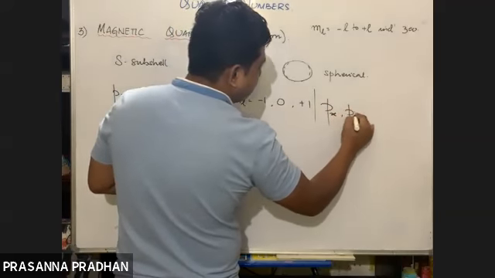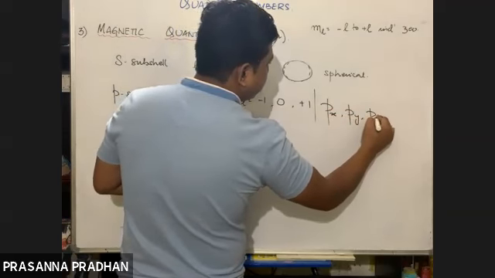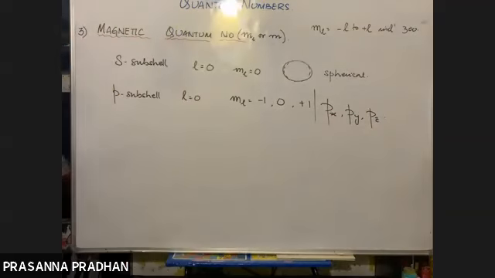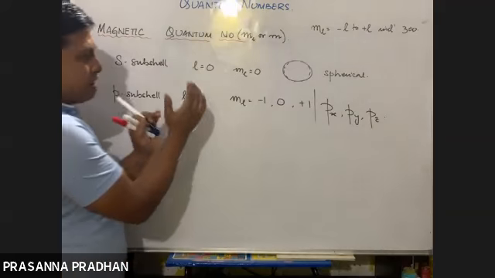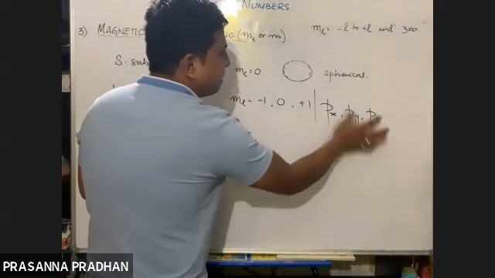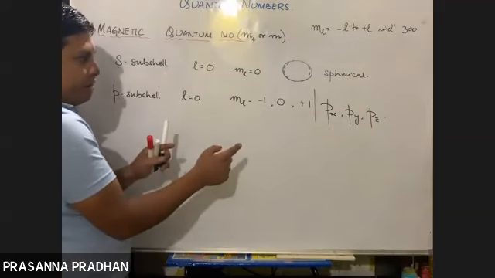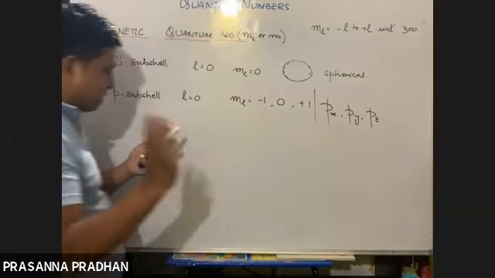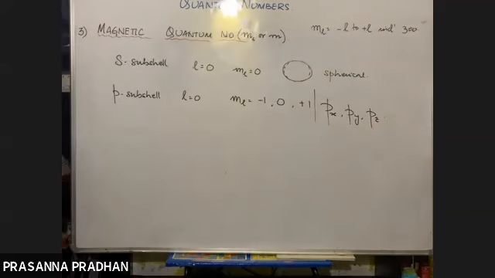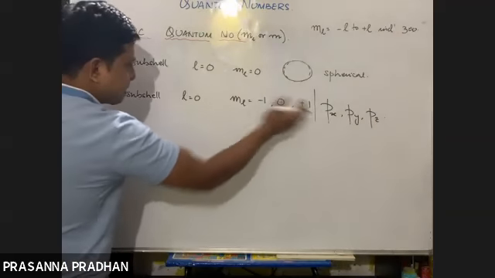Px, Py and Pz. These are the 3p orbitals. Is it understood? The P subshell is composed of 3p orbitals. What are the shapes now? Let us discuss the shapes. What do you mean by Px? We know they have the shape of a dumbbell.